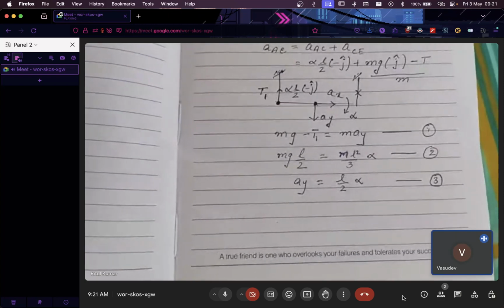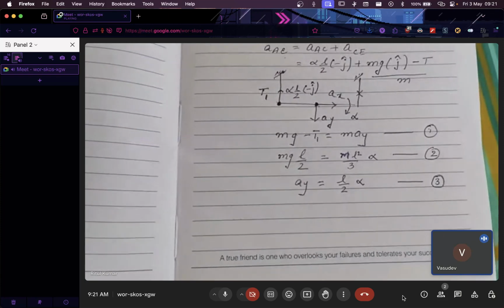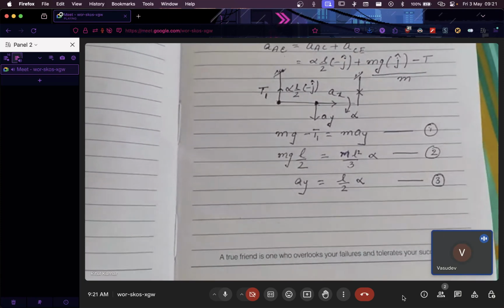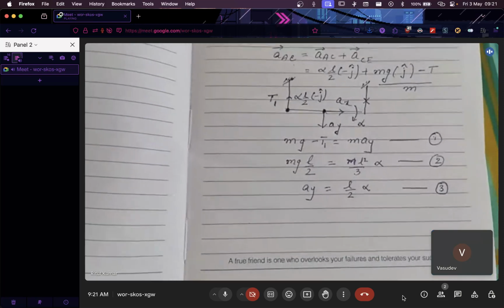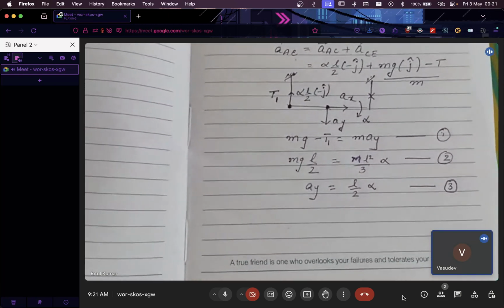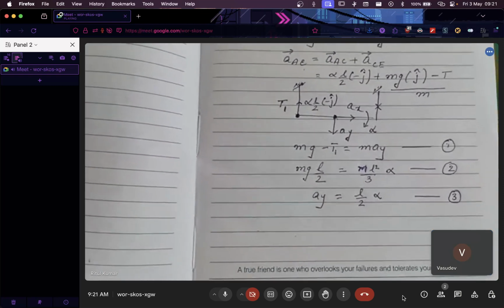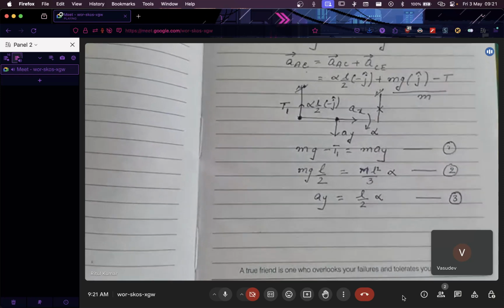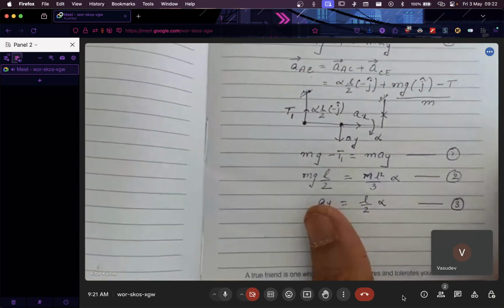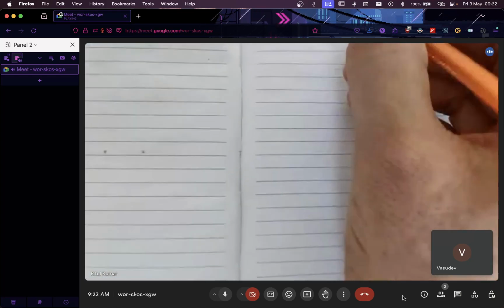So you get mg minus 3mg over 4, which is mg over 4. Yes, I think that presumably is the correct equation. So you got the equation and the final answer, right? Which is mg by 4.